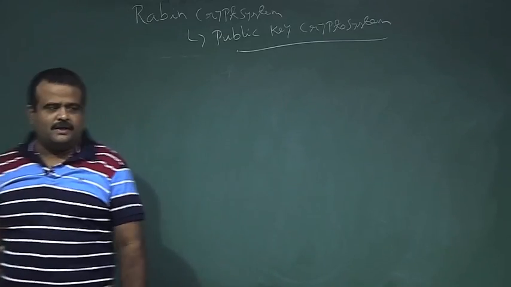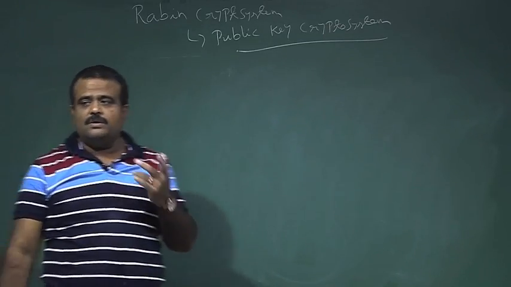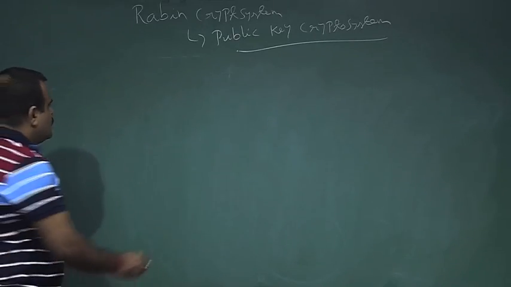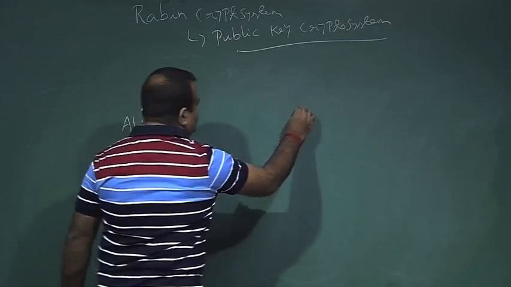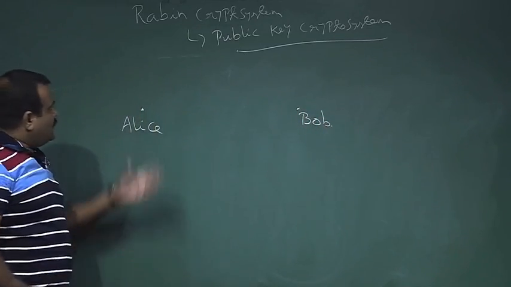Since this is a public key cryptosystem, we have to get the public key private key pair for the receiver. Now, suppose Alice wants to send a message to Bob in a public key setup.